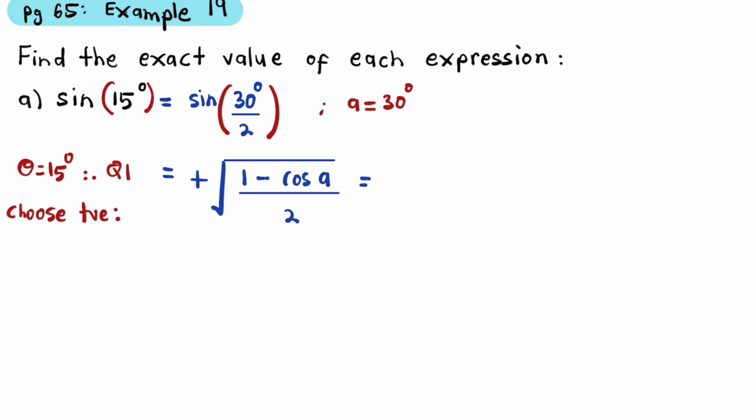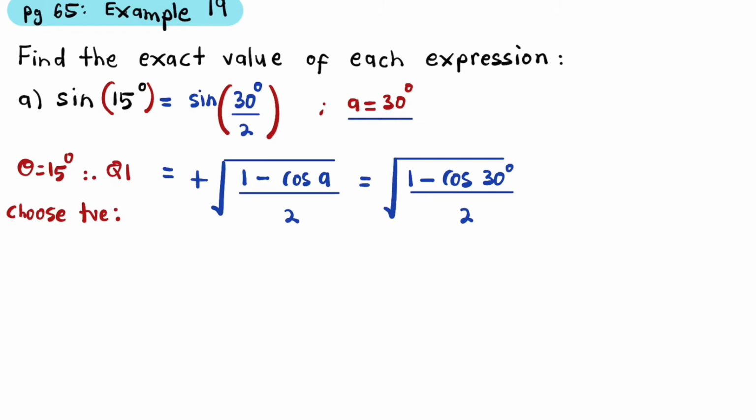So, simply substitute. This will give you 1 minus cosine, your A is 30 degrees, over 2. Cosine 30 you can know from your exact values, which is square root 3 over 2.